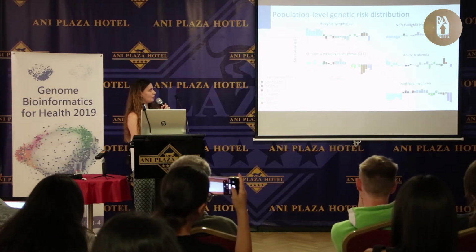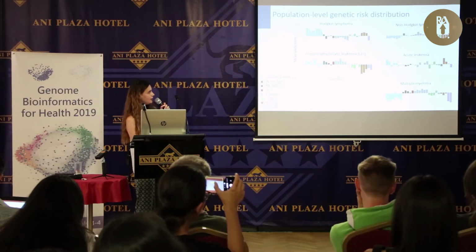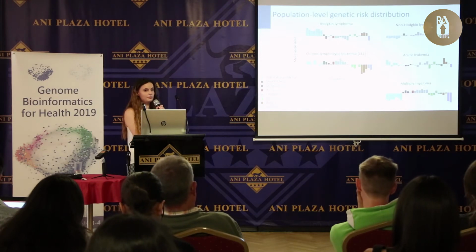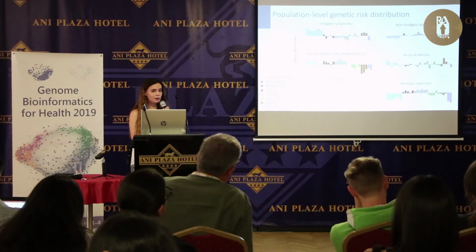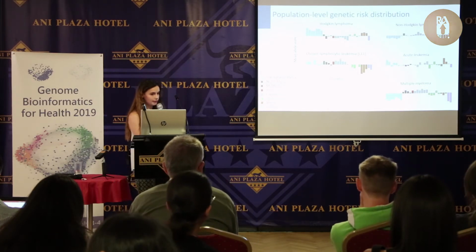For example, for Hodgkin lymphoma, you can see that the African population has a very high mean allelic score compared with all others. And vice versa, for example, for multiple myeloma, the populations from Europe, Armenia, and Middle East have a high score compared with all others.